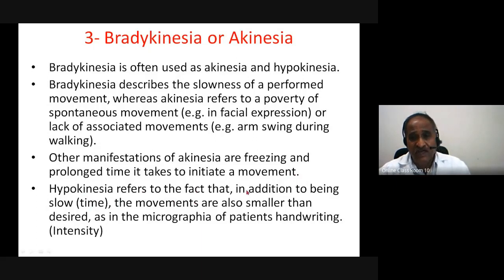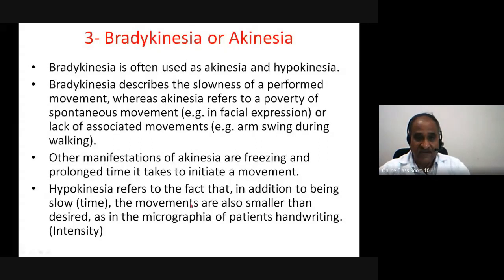Hypokinesia refers to the fact that in addition to being slow, the movements are smaller. So there are two aspects in hypokinesia: one, the slowness, and the second, the intensity is less. Slow and small. Actions are small, or intensity is less.